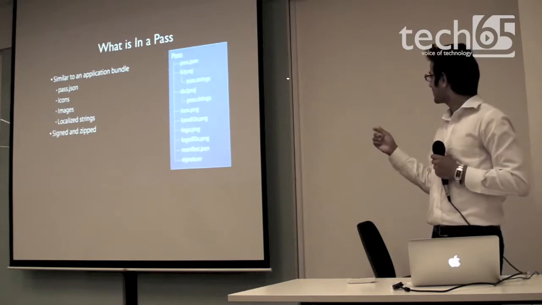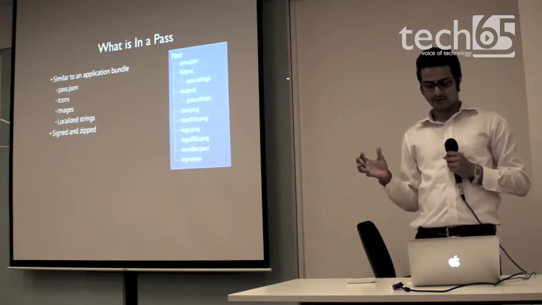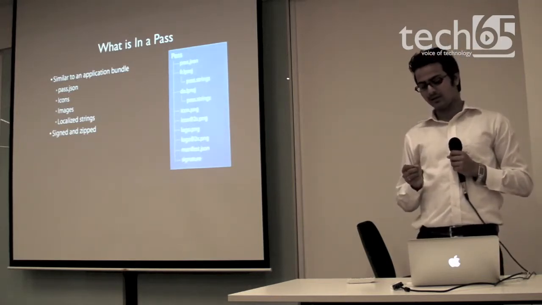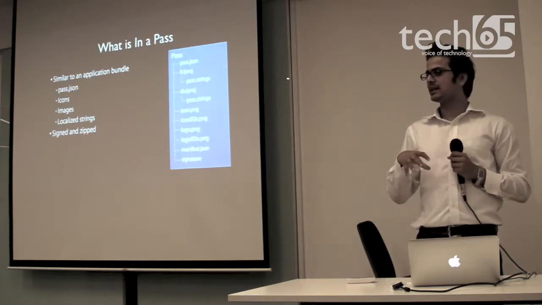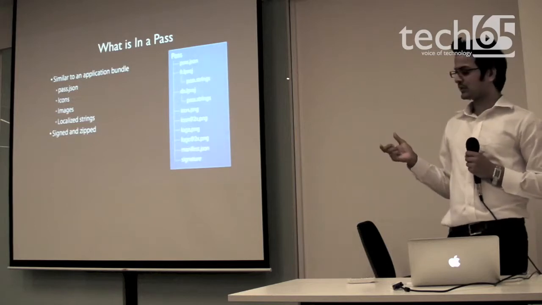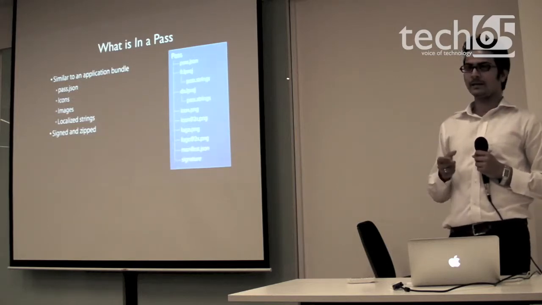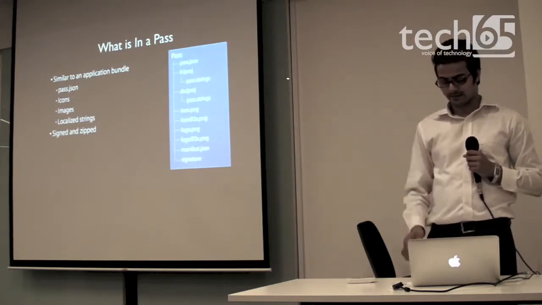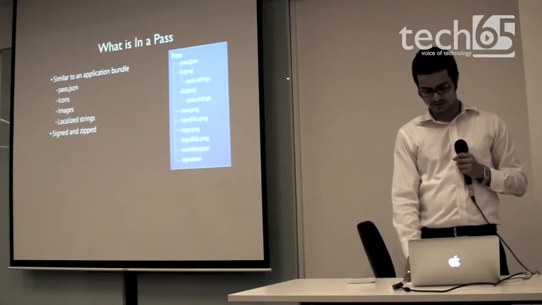They have this manifest.json, which is a file that tells what the other files within that directory are. The signature basically ensures that it's from a valid developer, that it's not a random pass that has been added or saved with the user.